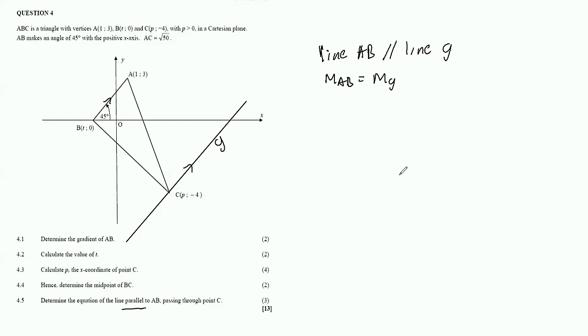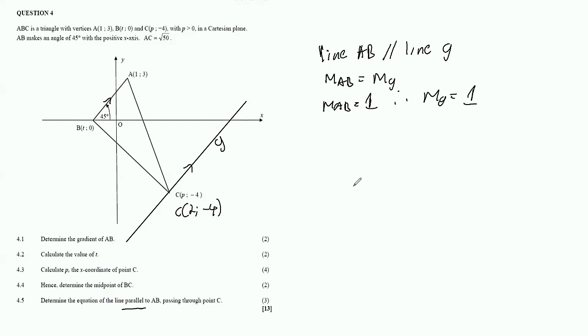Parallel lines have the same gradient, have equal gradient. That means we do have that as part of the points that we have in answering this question. Remember, the coordinates for C are 2 is to -4. So we already have the gradient from AB. The gradient of AB, remember, it was what? It was equal to 1. So therefore, the gradient of line G also needs to be equal to 1.